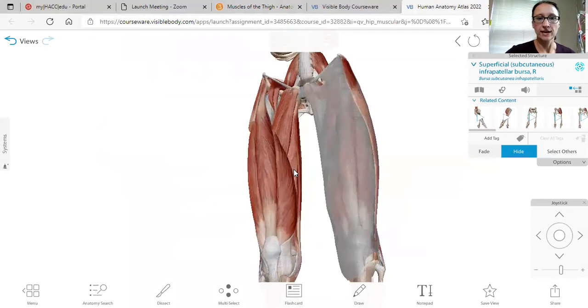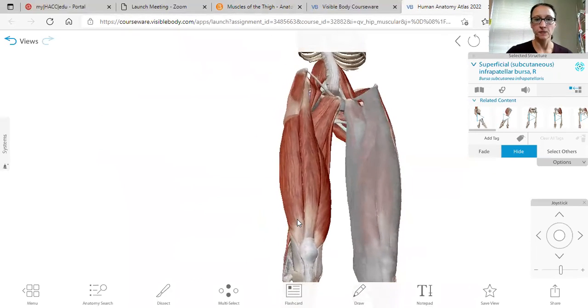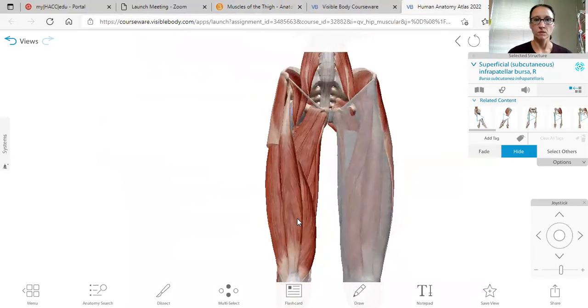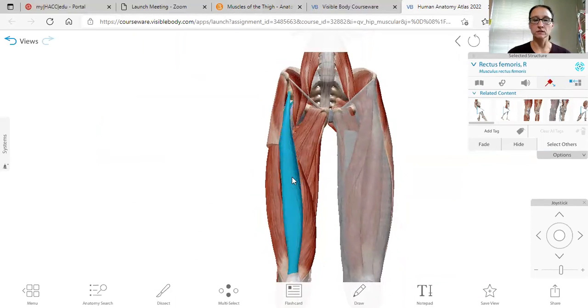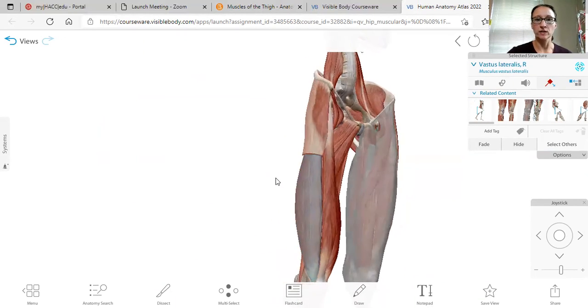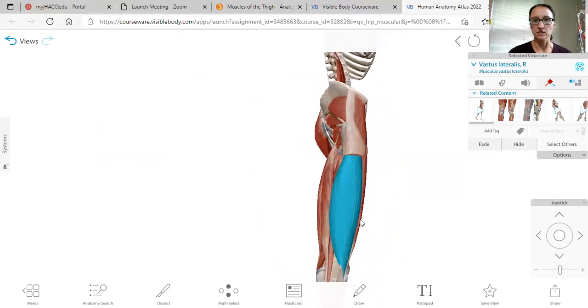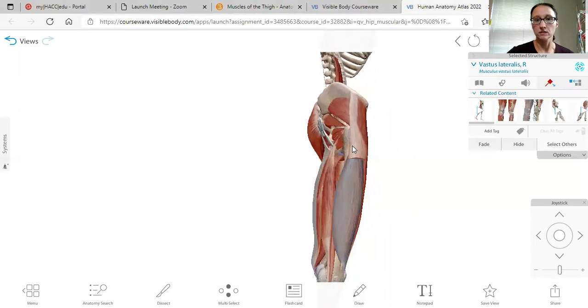All right, so one more look at the quadriceps on the visible body here. We have rectus femoris. We have vastus lateralis. I'm going to swing him around so you can see all of vastus lateralis here. Okay, and here the IT band is cut, so you can see vastus lateralis.